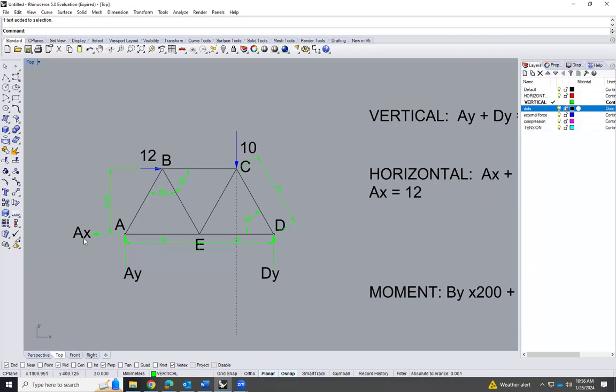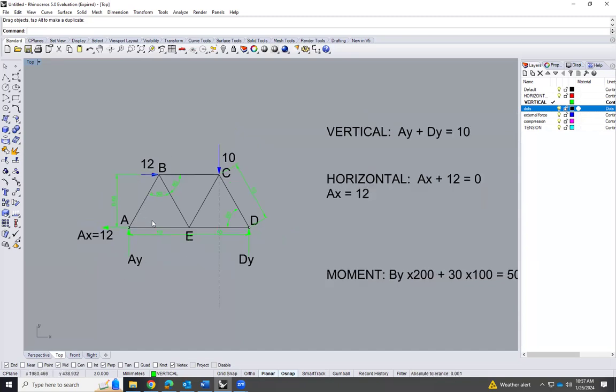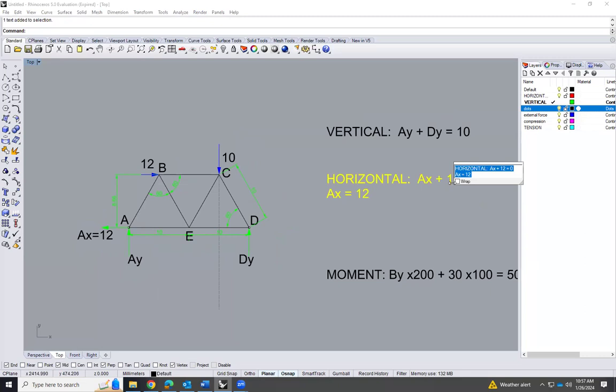It's 12 in this direction. So we can say that AX equals 12 with the right direction. If we have any other negative number, we will have to change the direction that we have assumed. This is what the equations are telling us. And now that equation would be AX equals 12.